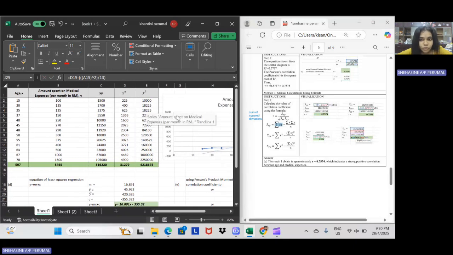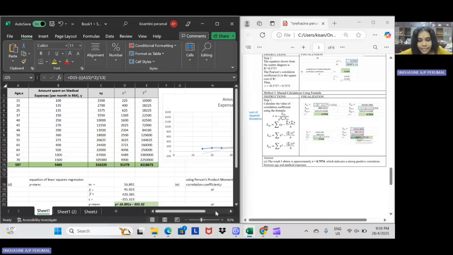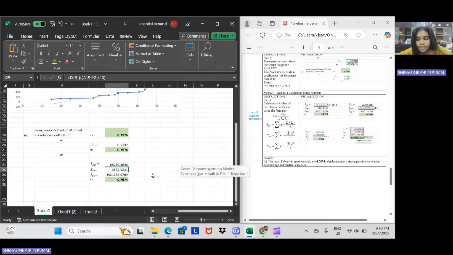You cannot pick the squared term: if the square is outside the bracket, you need to use the sum of X². If it is inside the bracket, you have to use this sum. Can you see it's out of the bracket? So (sum X)² means 597 in brackets, then you put the square, then divided by the number, which is 13. You get this answer.